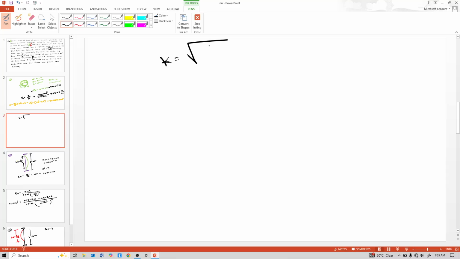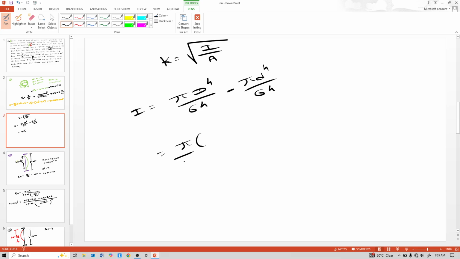K is equal to under root of I by A, the radius of gyration. So this I is nothing but pi d raised to 4 by 64 for that hollow circular shape. So take pi by 64 common.